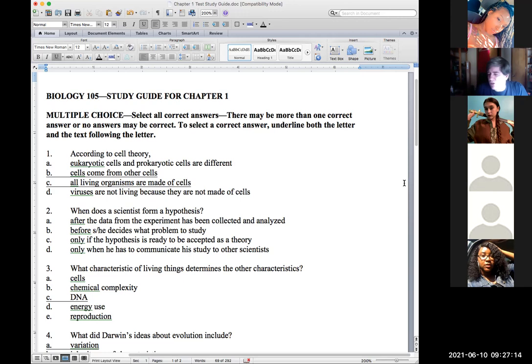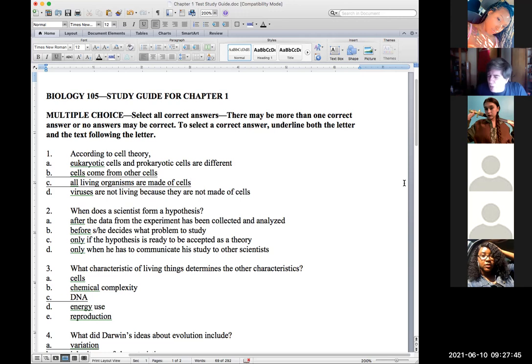So there are some questions that require you to think through them. Now, we may not have talked about exactly what that question is, but if you think about something that we've done in class that was similar, that should provide some guidance for how to approach that question. So for some of these, you have to use a kind of logical analysis, read the question carefully, and figure things out from there.